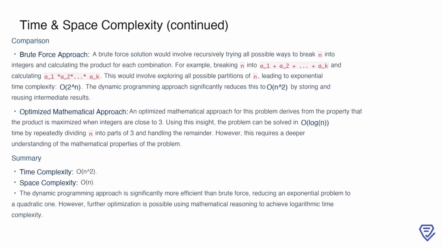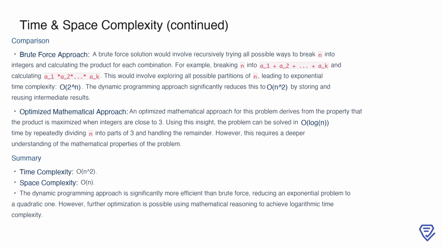When we compare this dynamic programming approach to a brute force solution, the efficiency becomes clear. A brute force method would recursively explore all possible ways to split n into integers and calculate the product of each combination. For example, breaking n into a_1 plus a_2 plus up to a_k and evaluating a_1 times a_2 times up to a_k would require exploring all partitions of n.